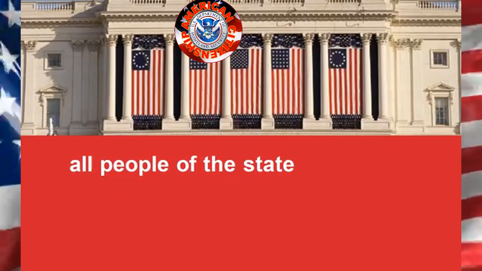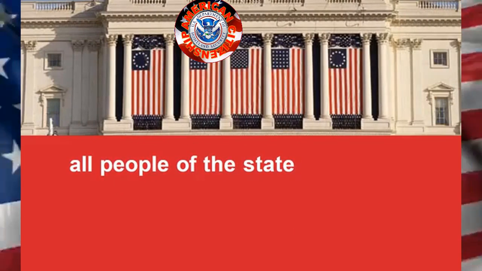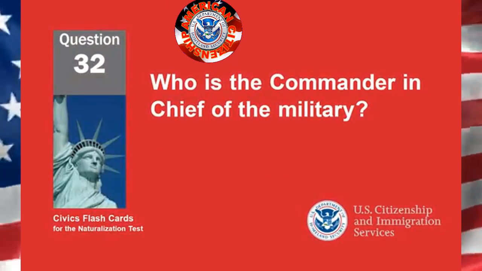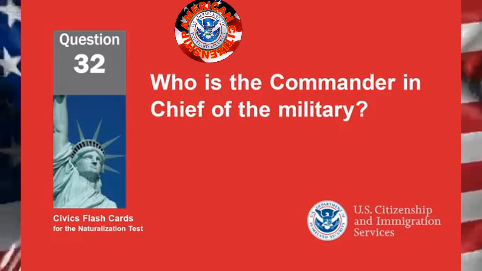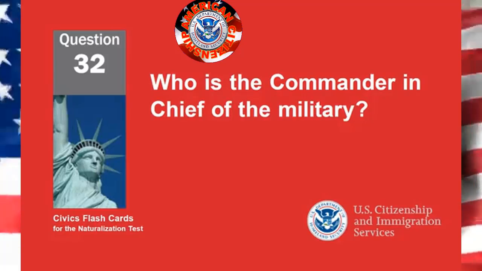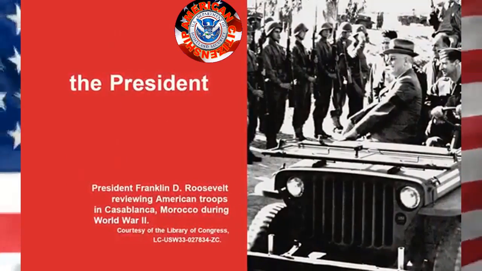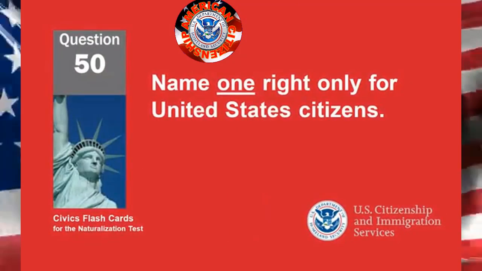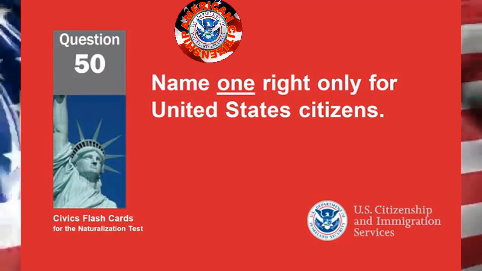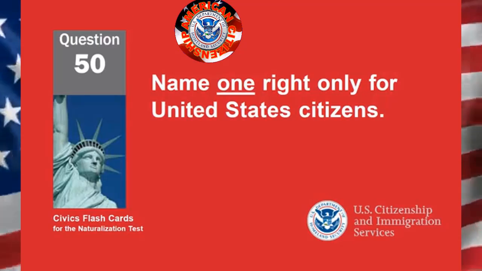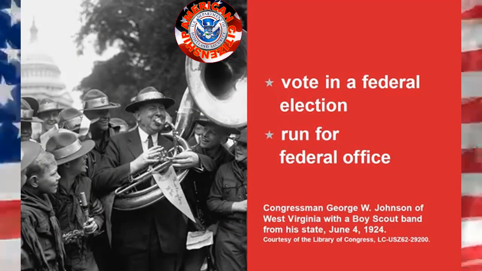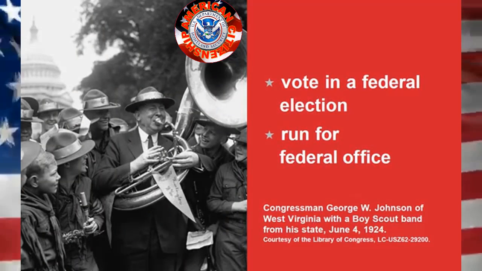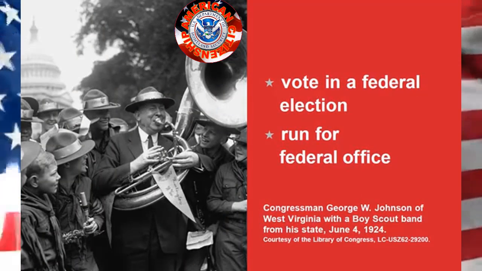All people of the state. Who is the Commander-in-Chief of the military? The President. Name one right only for United States citizens. Vote in a federal election. Run for federal office.